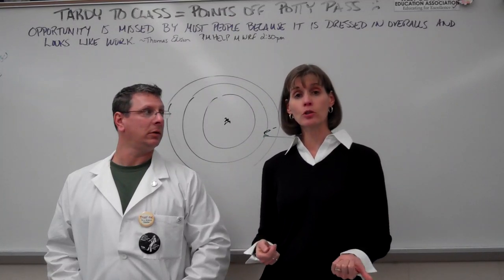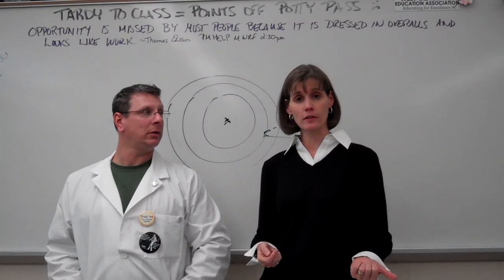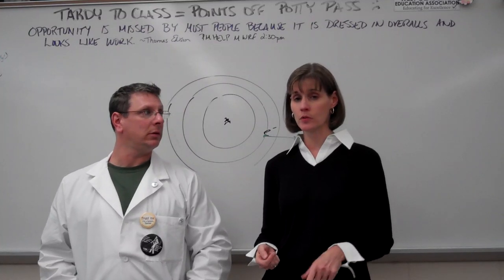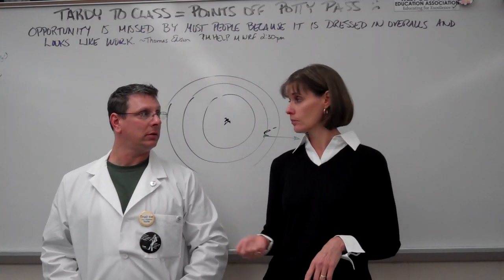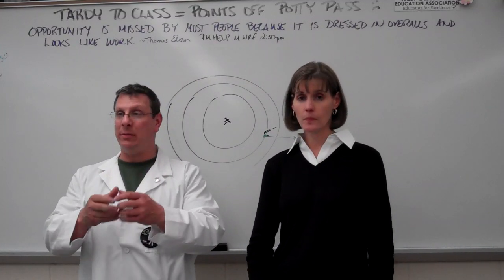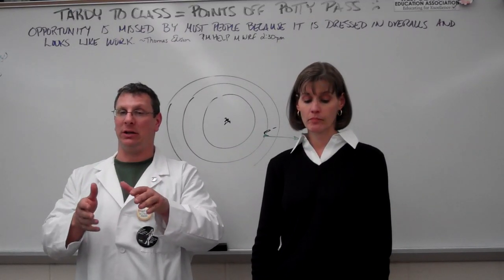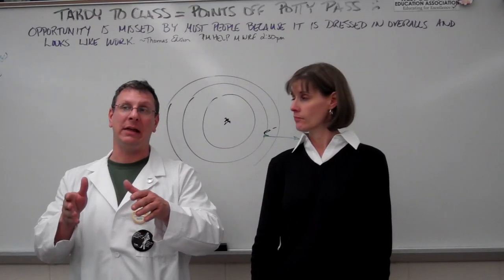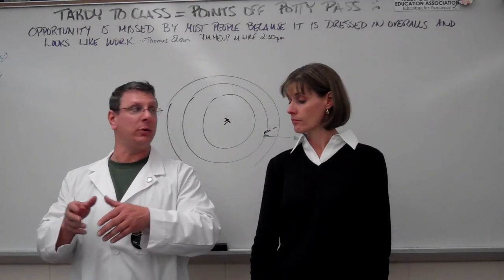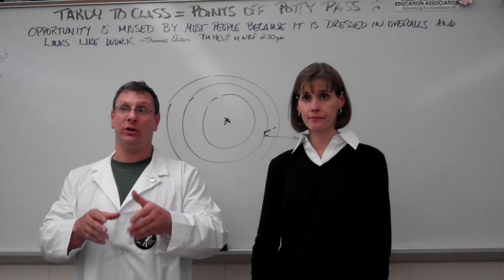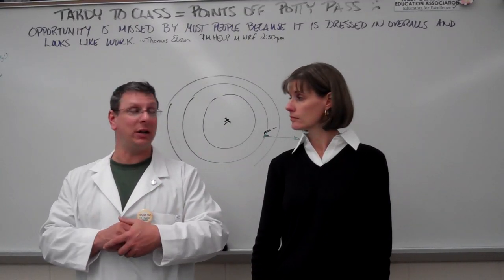Go back to your quantum ladder worksheet, because we did some practice problems there, and look at the sample problems in the notes and PowerPoints. You need to be able to show us how you manipulate the equation, c equals lambda times frequency, to solve for the variable that we're asking you to solve for.